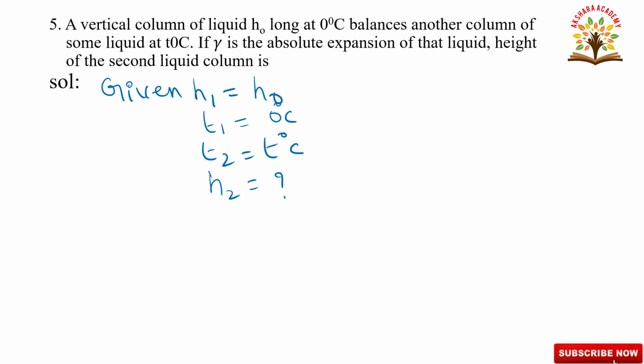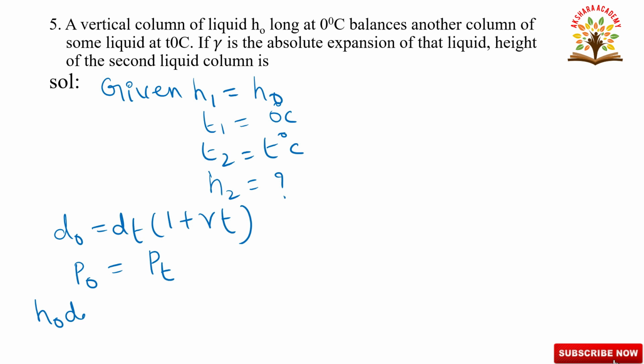We should find out H2. d0, the density at 0 degree centigrade, is equal to dt into (1 plus gamma T). Now P0 is equal to Pt. Pressure at a point inside a liquid is H d g, that is equal to Ht dt into g.